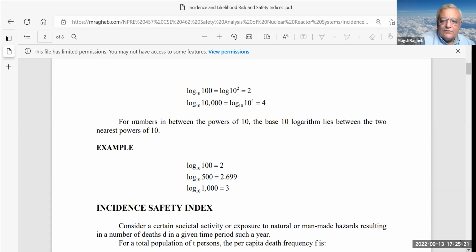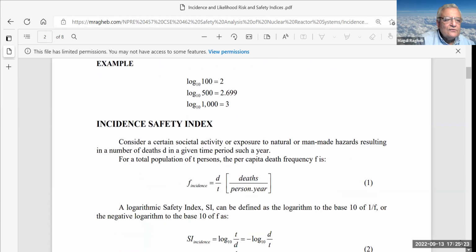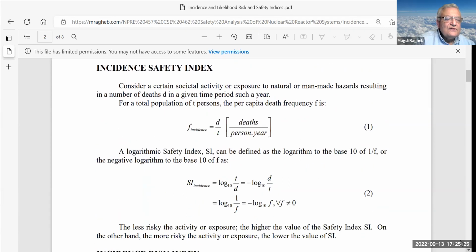Along this line, we define what we are going to call the incidence safety index. If you remember, incidence here applies to a large population, like the population of the United States, for instance, in terms of certain hazards like heart disease, deaths from cancer, and accidents, motor vehicle accidents.